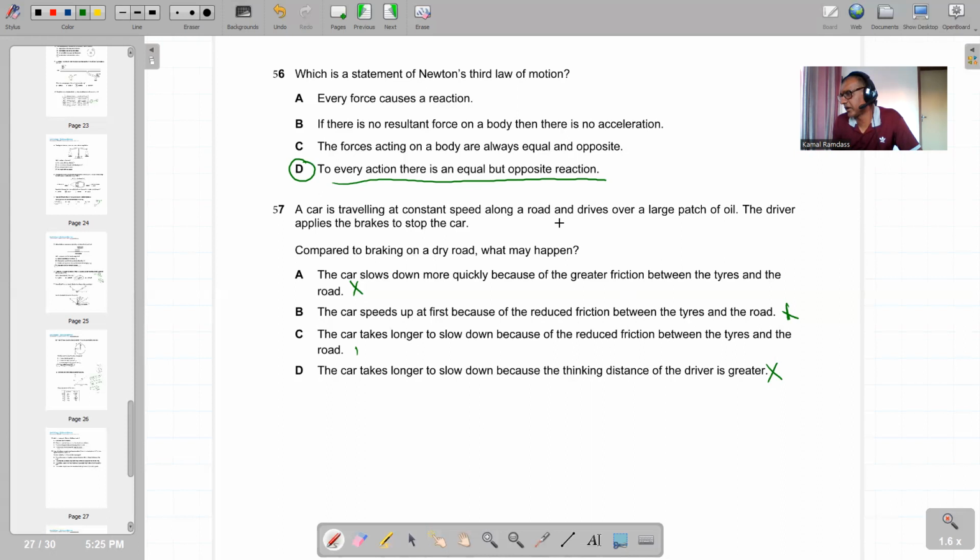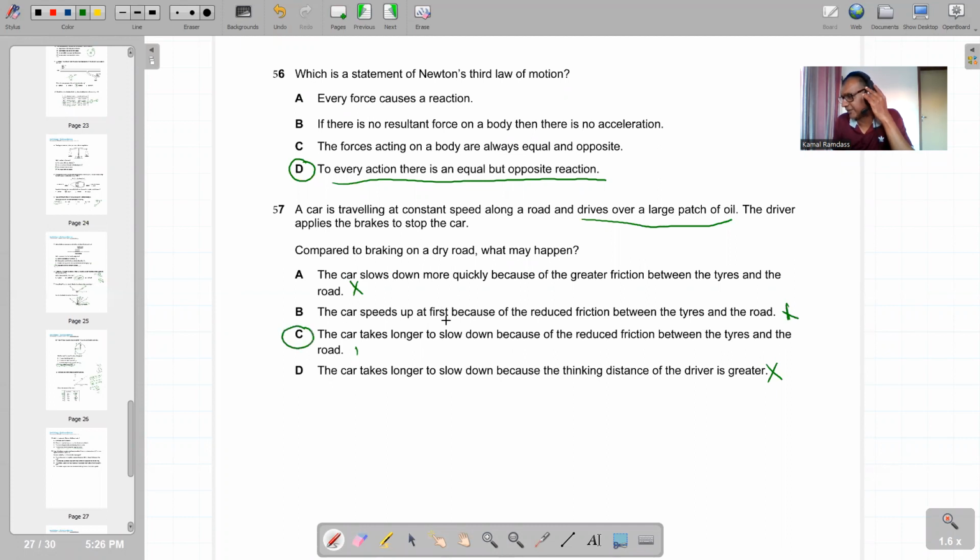It drives over a large patch of oil. That means the driver finds a problem, and the car cannot roll properly, it can slip, etc. And the driver applies a brake to stop the car. The car takes longer to slow down because of the reduced friction between the tires and the road.